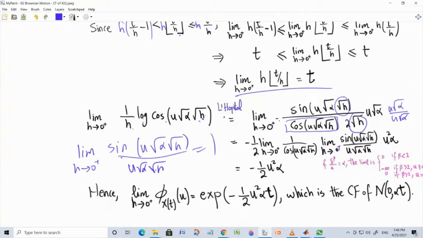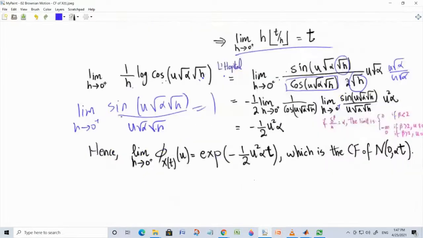There is a minus, which appeared when we differentiated the cosine as minus sine. And then we have u squared alpha. And so this is the limit of the logarithm.